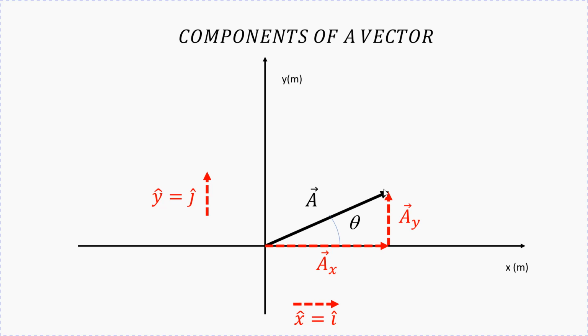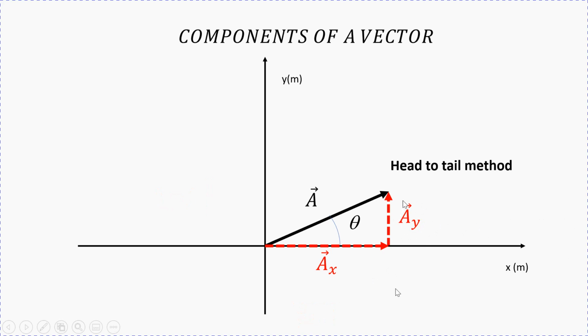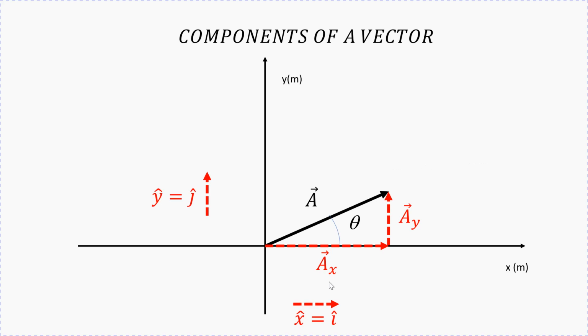Okay, instead of just defining this vector in terms of vector a sub y and vector a sub x, there is another convenient way of defining those vectors. We can define that in terms of two unit vectors.